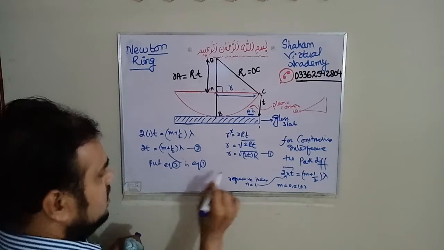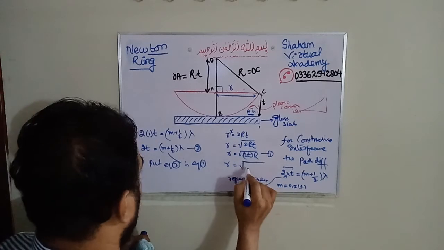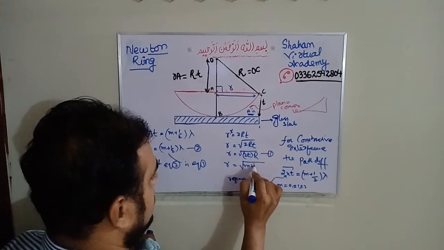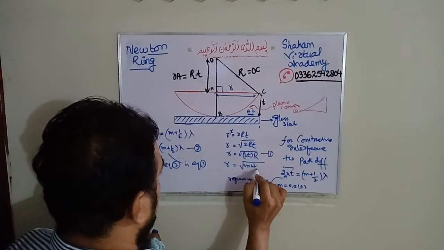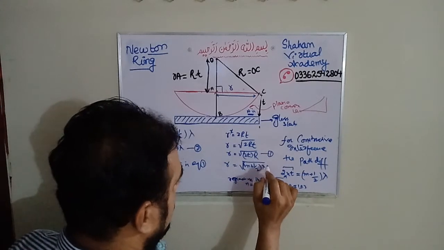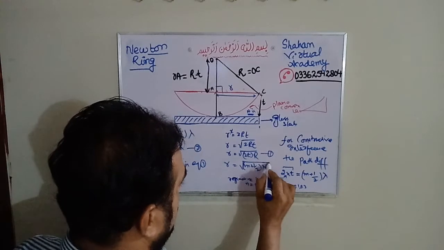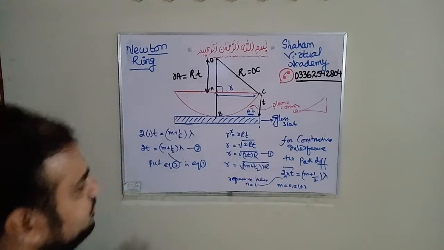So simple, we just put in (m plus 1 over 2) lambda, and r. So this is the value.